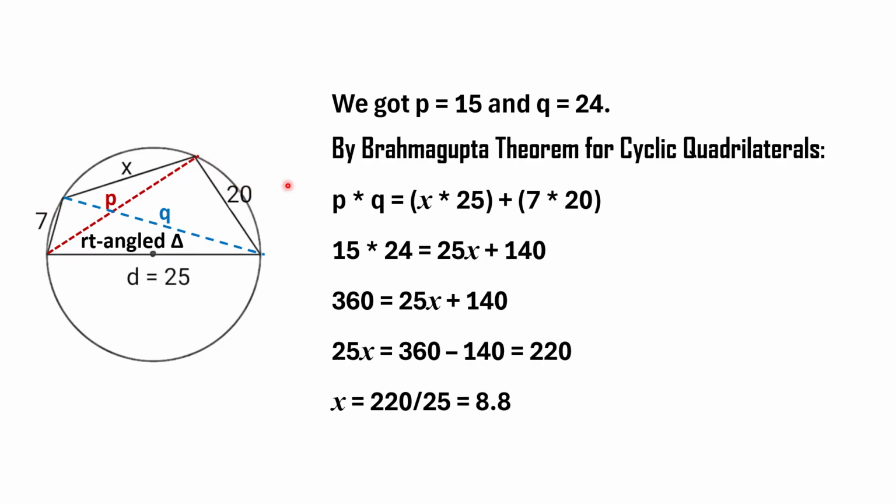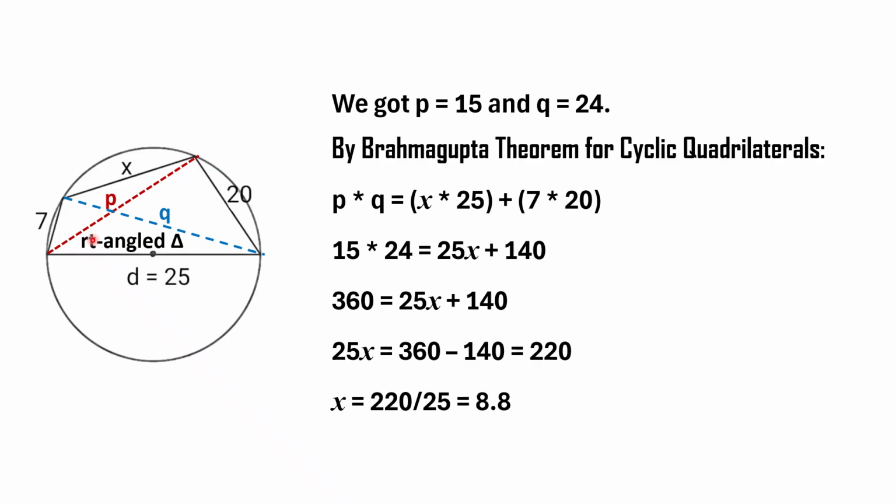We are applying Brahmagupta's theorem, Brahmagupta's rule for cyclic quadrilaterals. The formula says diagonal into diagonal, P into Q, will be equal to the product of opposite sides added.